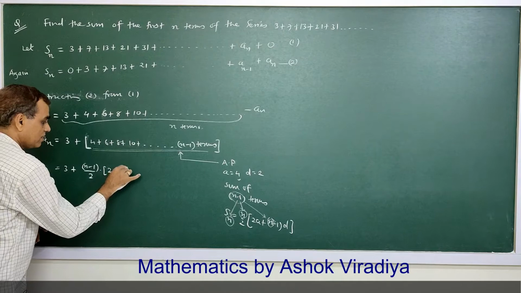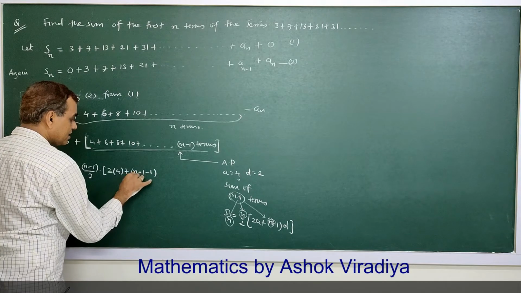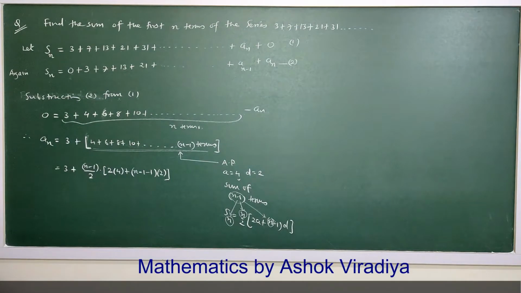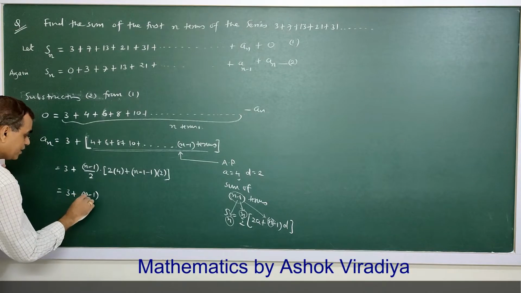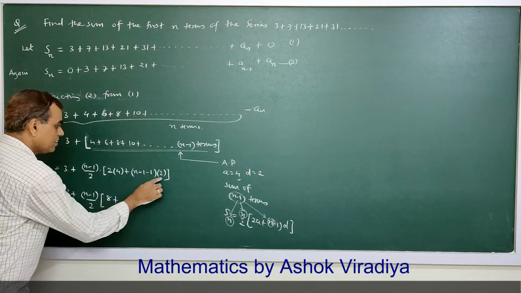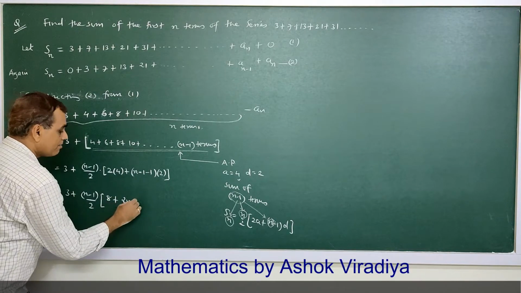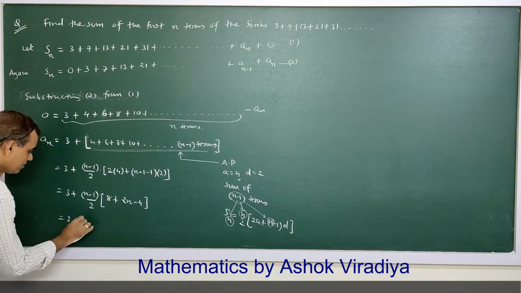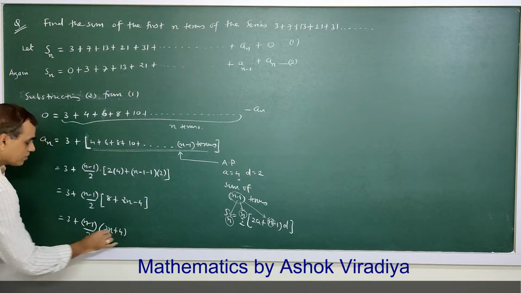A is 4, plus n minus 1 minus 1, difference is 2. Close the bracket. So this is 3 plus n minus 1 by 2, 8 plus this is n minus 2 into 2, so 2n minus 4. So that is 3 plus n minus 1 by 2 into 2n plus 4.